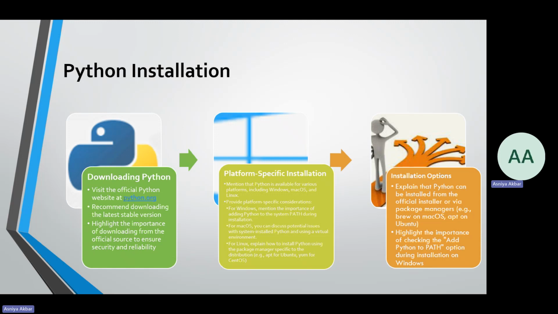Next, it is Mac OS consideration. Firstly, you know that Mac OS comes with a system installed version of Python. However, using that version for development may lead to issues as it is essential for the system's operation.